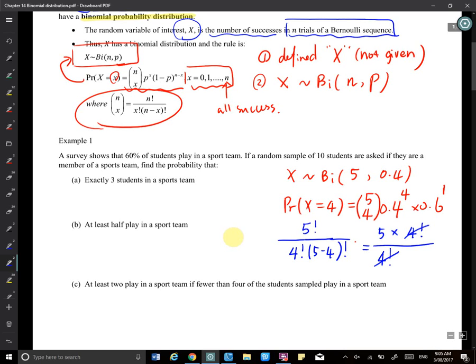I can cancel them. And then you have 1 factorial, which is just 1. So you have the number 5.